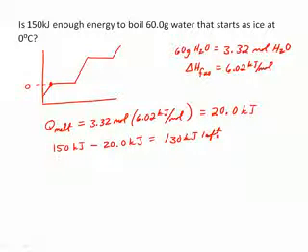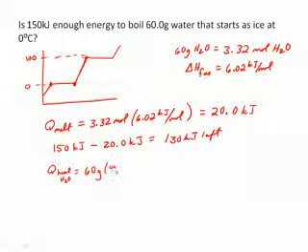So now, what's the next thing? Now that puts me right here. Let's see if I have enough to take it from 0 to 100. Let's see if I have enough energy to even get it up to the boiling point. So Q to heat the water is going to be my mass times specific heat of the water, and then my delta T is 100.